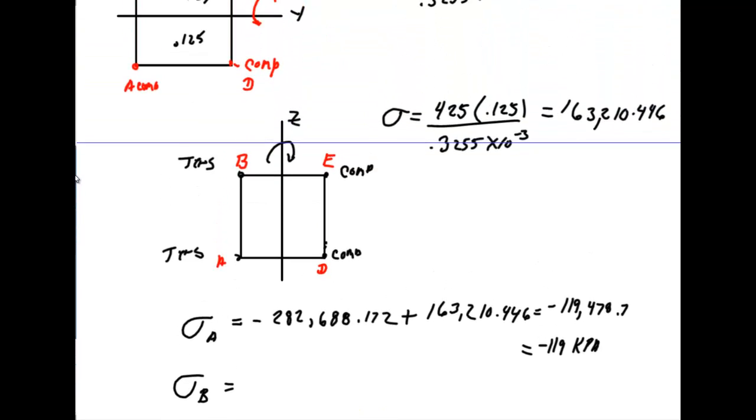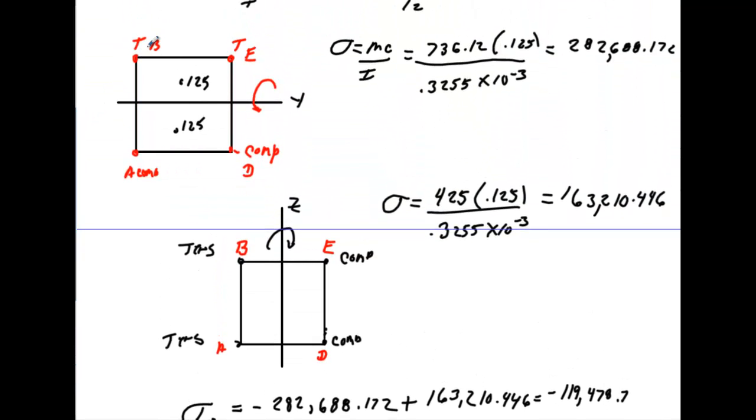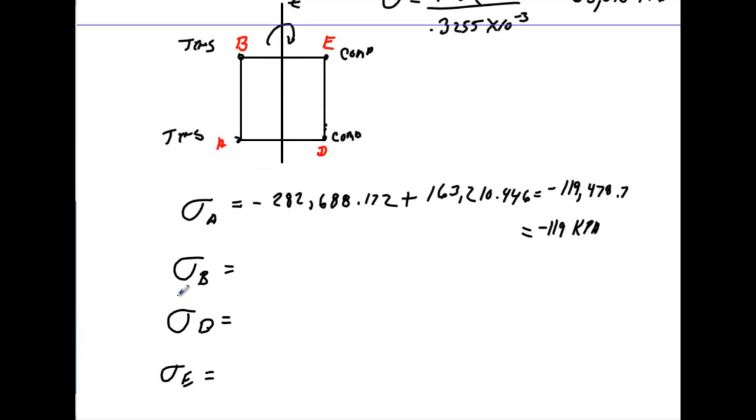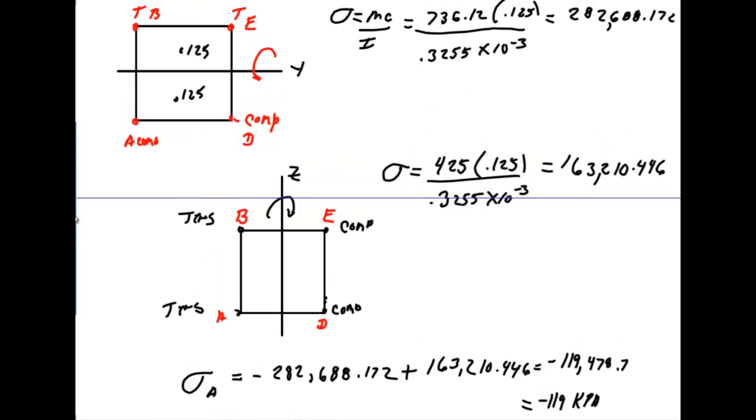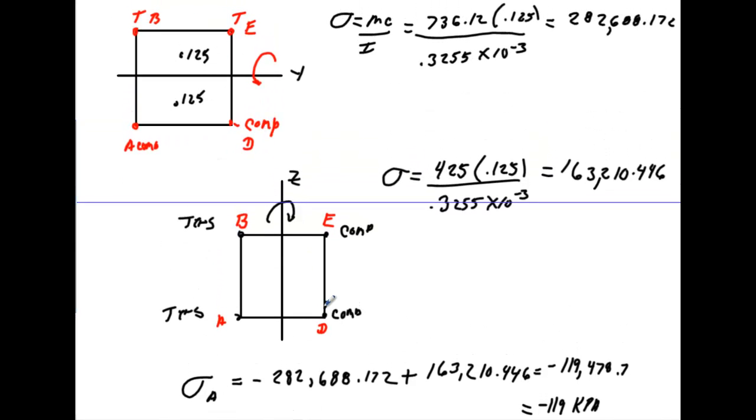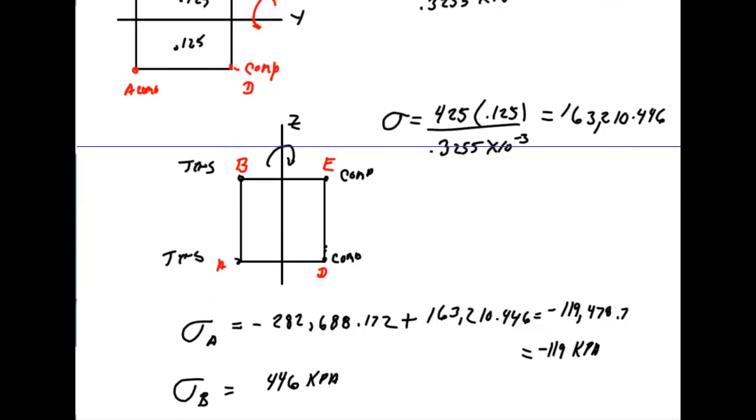So let's talk about B. We got tension and tension, so in this case all we're going to do is add these two together, and that'll give us 446 kilopascals. We come to D. We got compression, compression, so we just make them both negative.